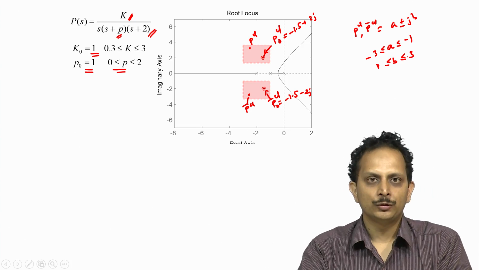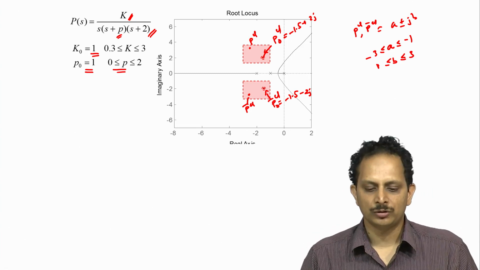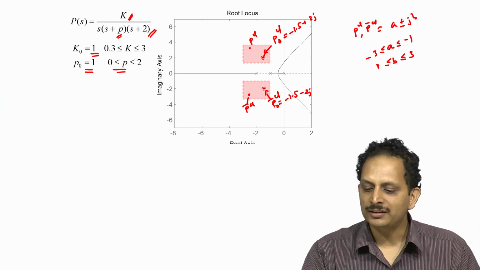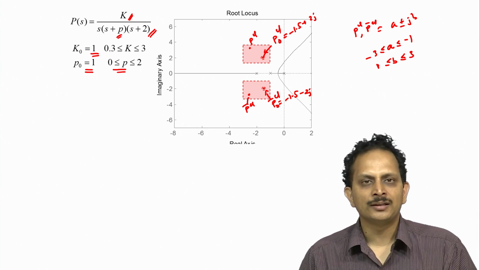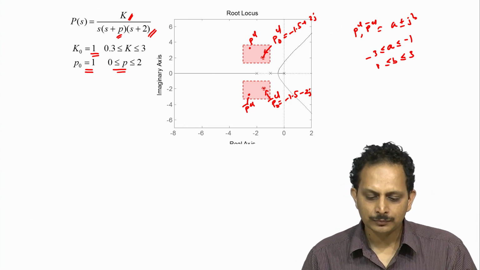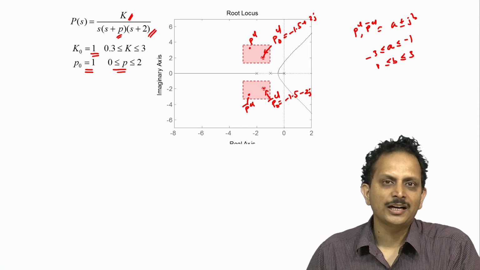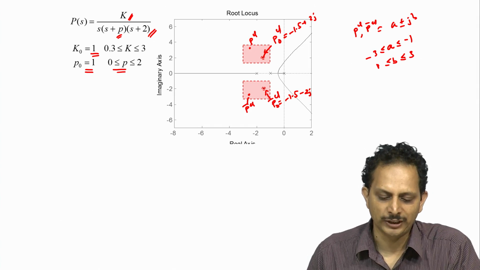So what you see here is that we want to design a feedback control system whose closed loop pole can vary within this rectangle of dimension 2 units along the real axis and 2 units along the imaginary axis, and its nominal closed loop pole position is exactly where we had it before, namely minus 1.5 plus minus 2j.